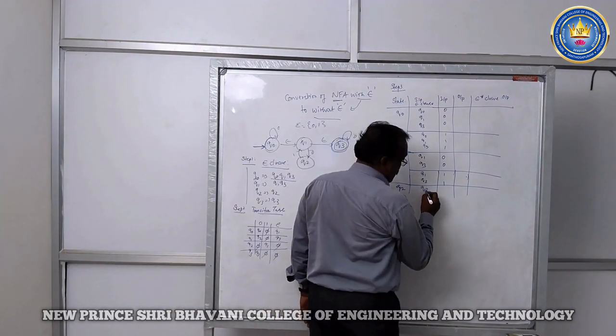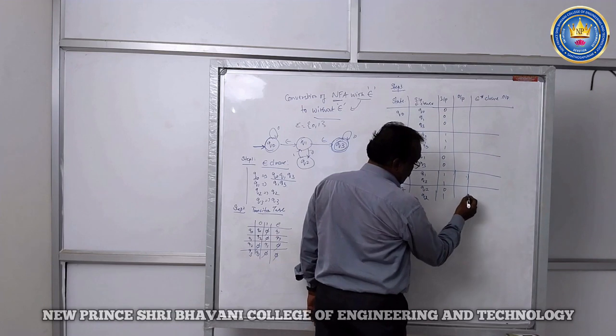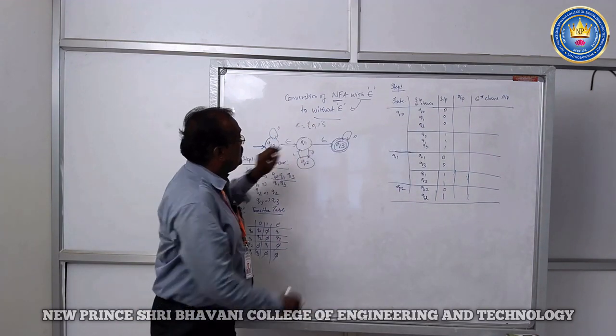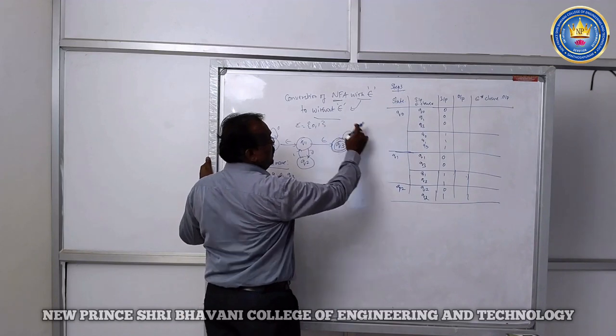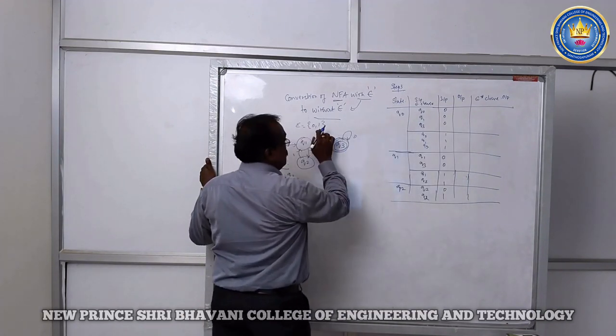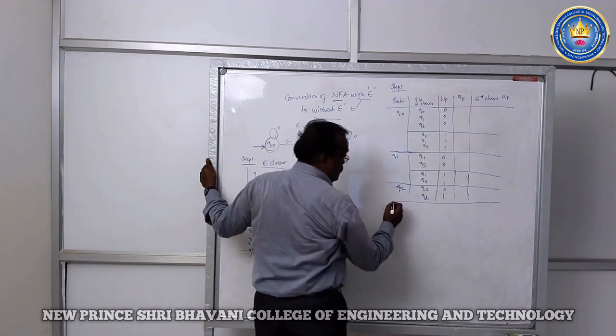So Q2 itself. For this you have to apply zeros and ones. If there are 3 symbols, for example 0, 1, 2, then we have to apply 3 symbols also. Here 2 symbols only, that's why I am applying zeros and ones, input symbols.